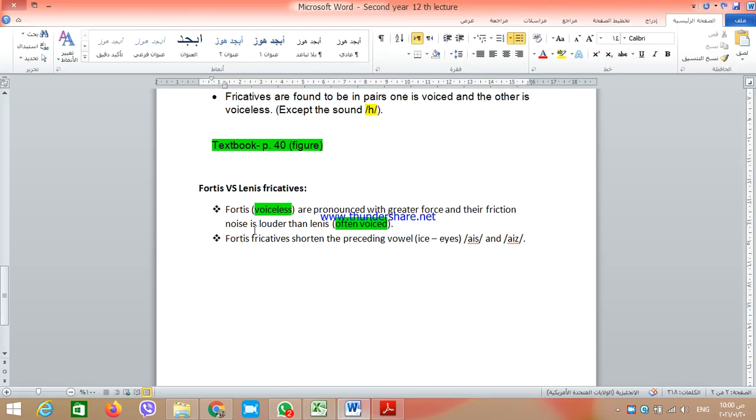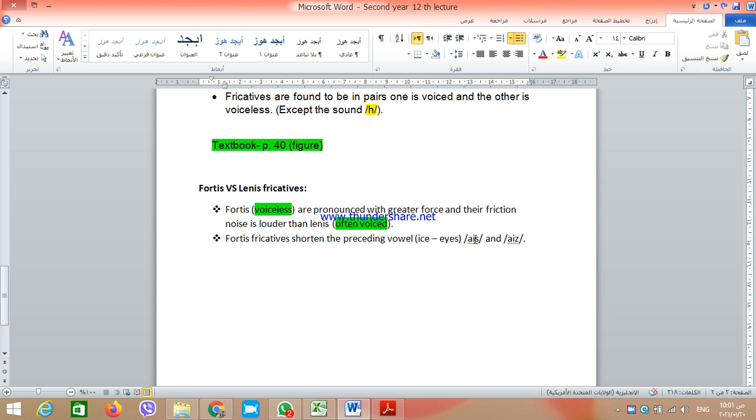Now, Fortis or voiceless fricatives are pronounced with greater force, and their friction noise is louder compared to Lenis, which are often voiced. Sometimes they are devoiced, but most of the time they are voiced. Fortis fricatives shorten the preceding vowel, while Lenis cause a lengthening in the preceding vowel. So with 'ice' with s, 'eyes' with z, which one of these preceding vowels is going to be shorter?